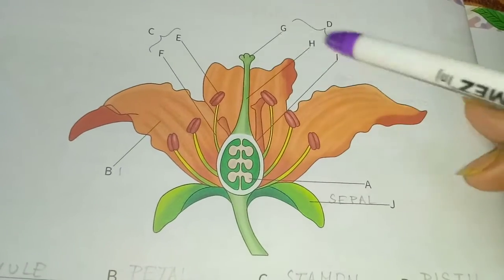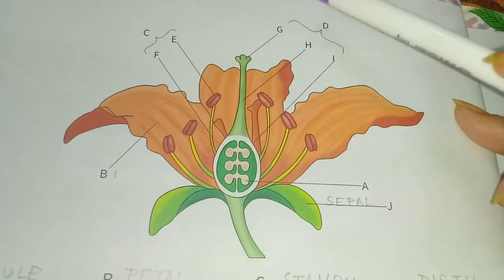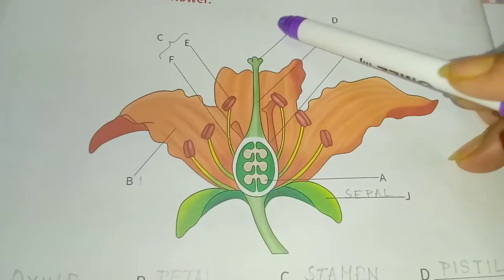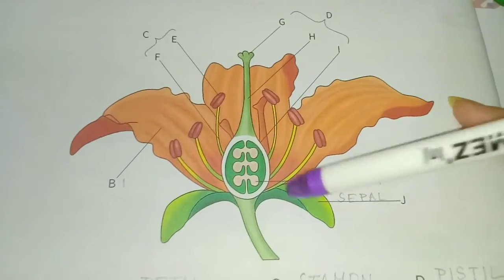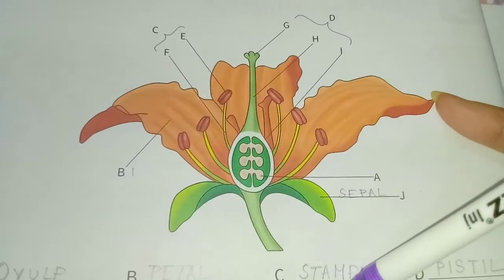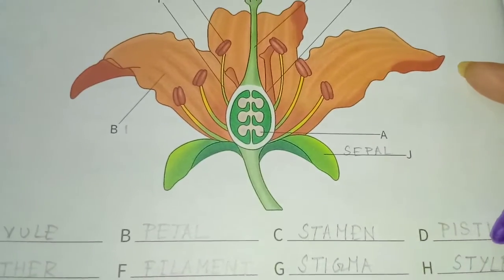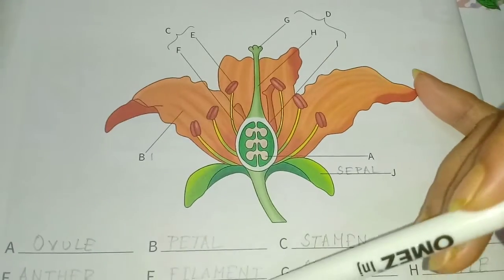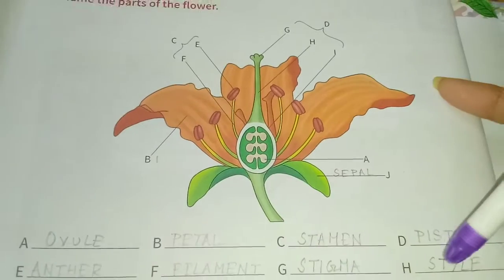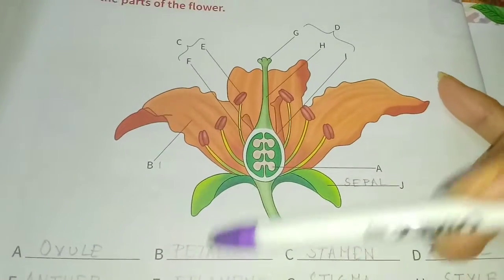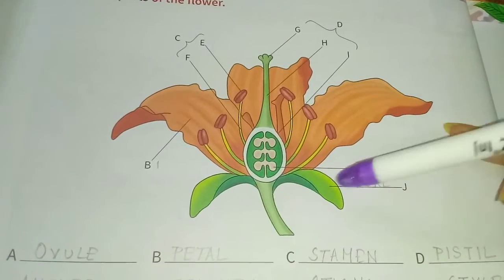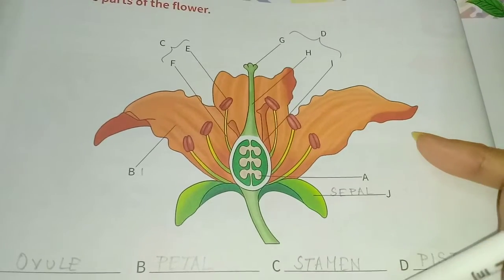Pistil is the female reproductive part of the flower. D contains G, H and I. G, stigma. H, style. I, ovary. And J is sepal.